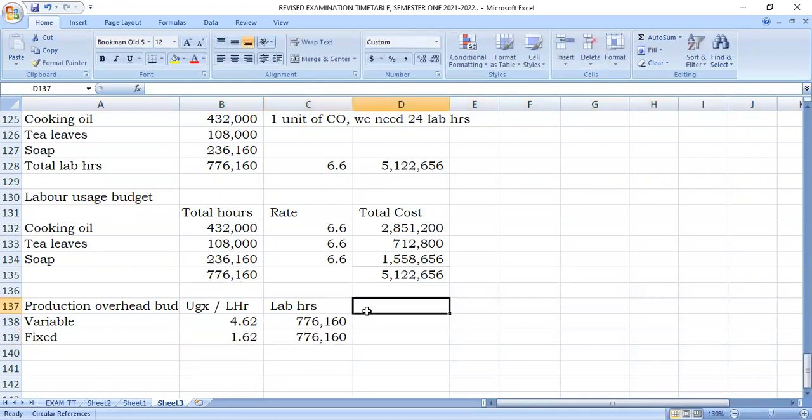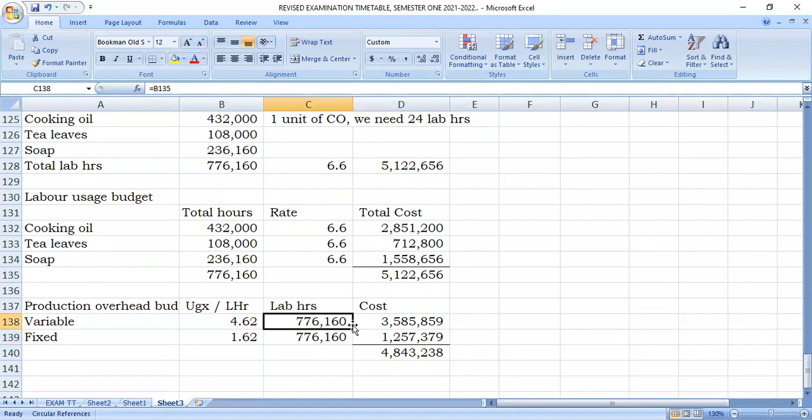Meaning our cost as far as the overhead budget is concerned is the rate times the hours that we spent. So this gives you our total production budget, and we're good to go. Any questions so far?